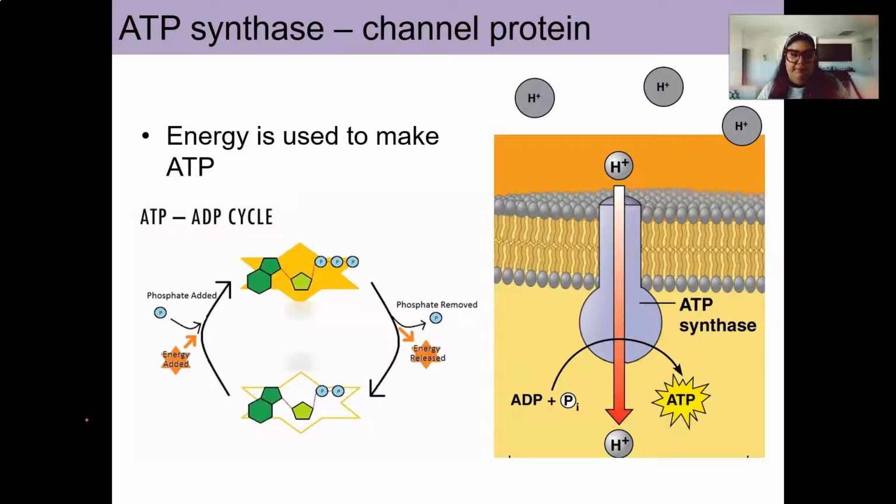I hope that you remember, where phosphate is added to ADP. And we need a little bit of push to do it. So that's what is happening with the protons. So we add a phosphate and we need to bond it to the end to make that 3-phosphate molecule ATP.